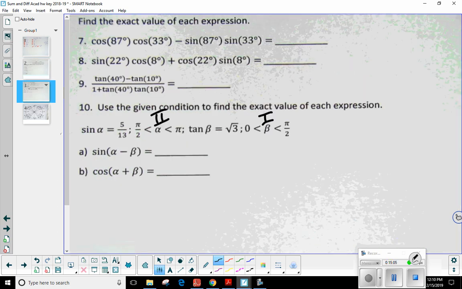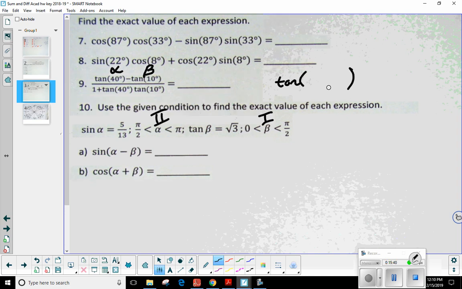Okay, number 9. It says tangent of 40 degrees minus tangent of 10 over 1 plus tangent of 40 tangent of 10. It's already written out for you. What you want to do is bring it back to a single trig function and then evaluate, get your ratio. Would it be a sine, cosine, or tangent formula? It's obviously a tangent, right? We know alpha and beta, because they always go in order.